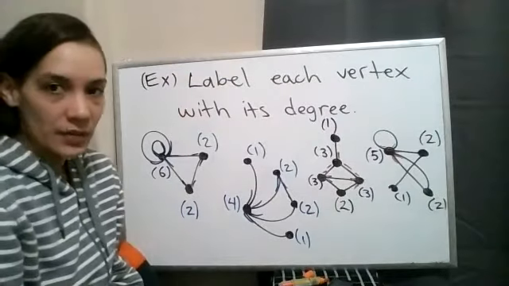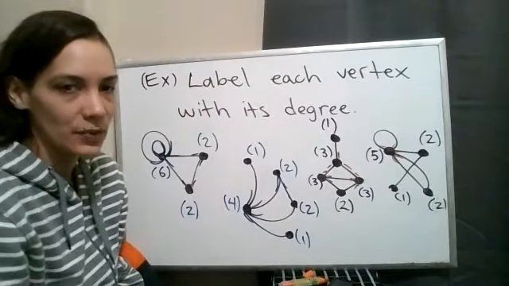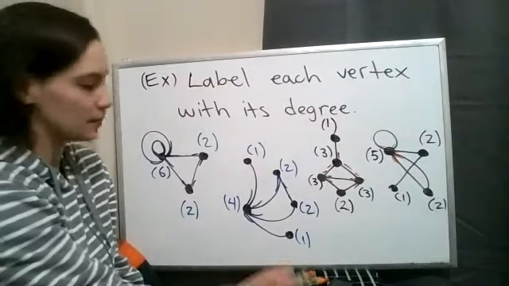So we've gotten the degree of every vertex, and I think the last thing we want to do is talk about how many components.